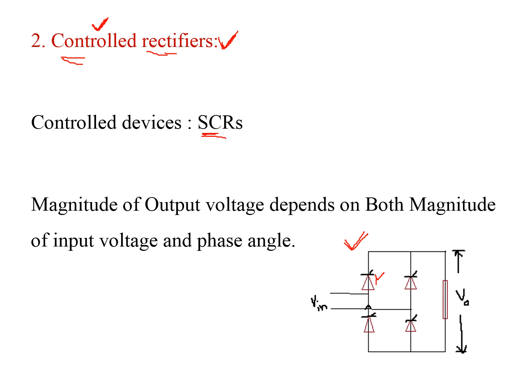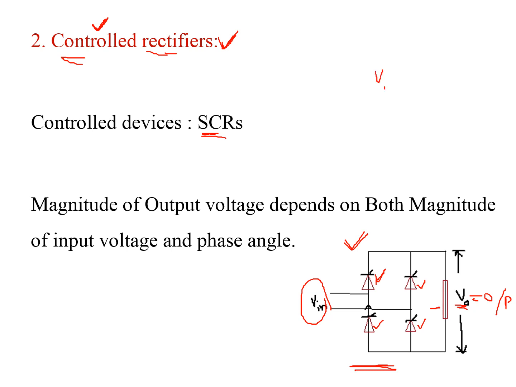In this, Vin is the input, this is the load, and the voltage across the load is V0, the output voltage.